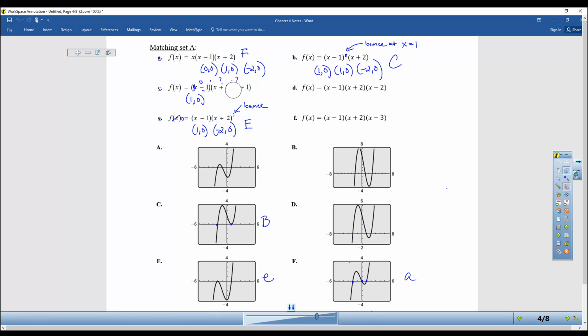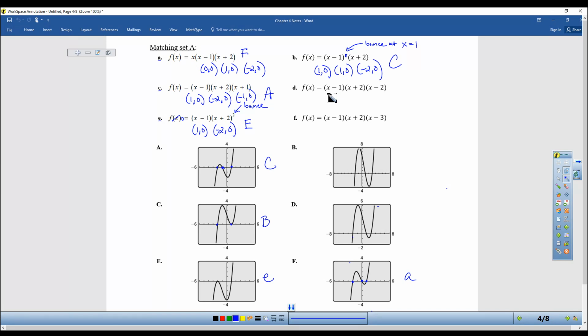So if x is 1, that creates a 0. If x is -2, that creates a 0. And if x is -1, that makes a 0. So I'm going to try and find that graph. And let's see. Oop, it's right here. -2, -1, and 1. So A and C if you're doing it that way.